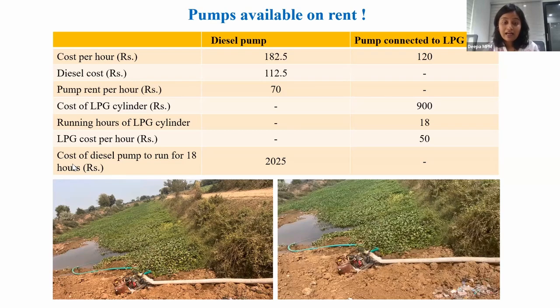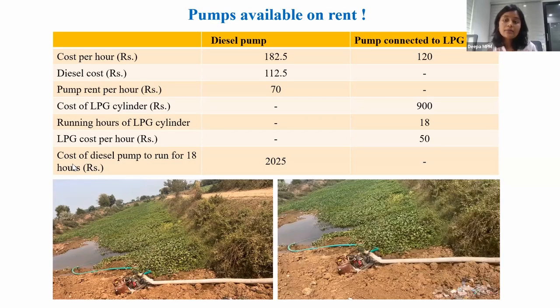And I found a different, new system over there, where they have connected this pump to LPG gas. The rent per hour was about 120 rupees. When I interacted with them, I came to know that one cylinder over there costs about 900 rupees, and they said it runs for about 18 hours.